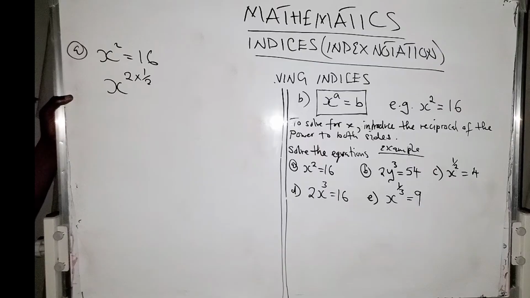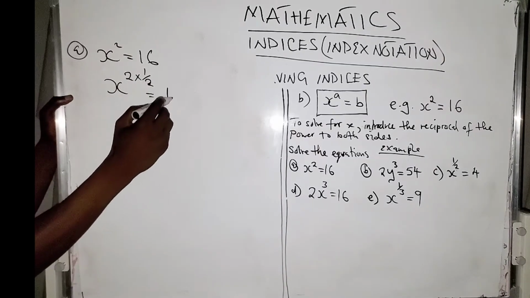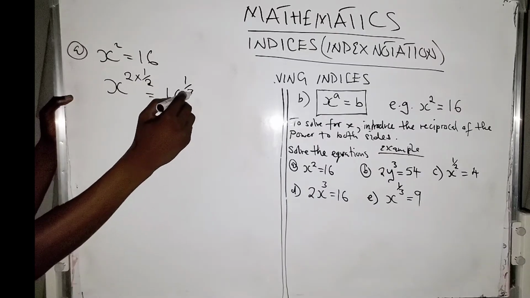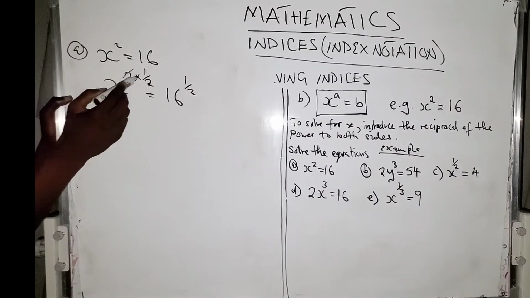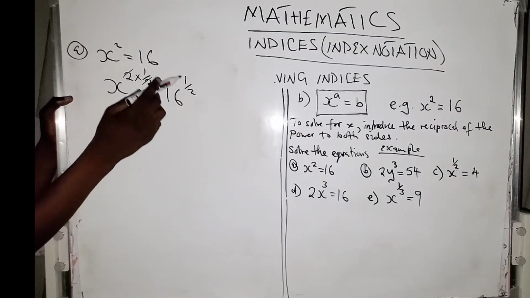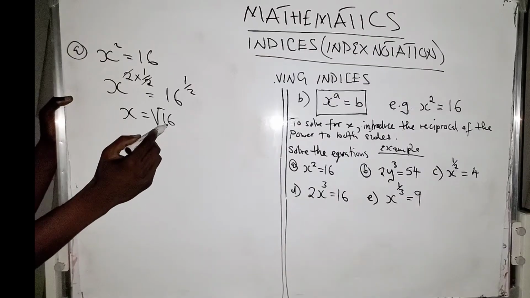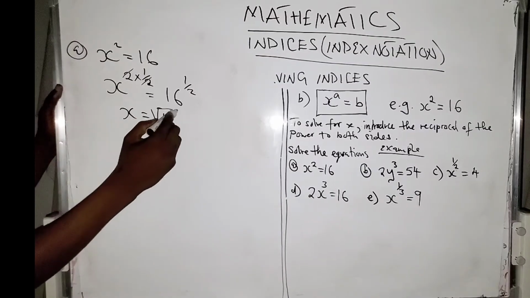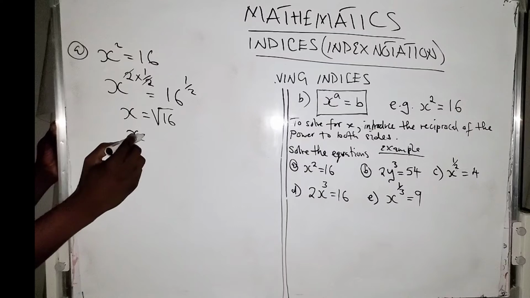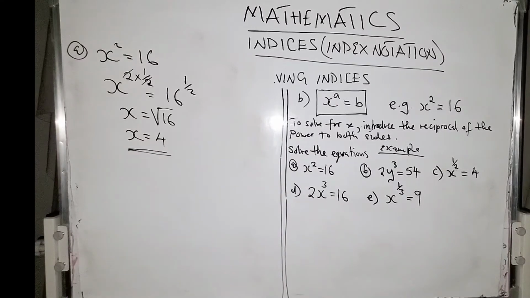So if we introduce 1 over 2 here, then even this side you should introduce 1 over 2. When you cancel, you just remain with x to the power 1, which is just x. Then here we find the square root of 16 to the power 1, which is just an invisible 1. What is the square root of 16? 4. The square root of 16 is negative or positive 4.